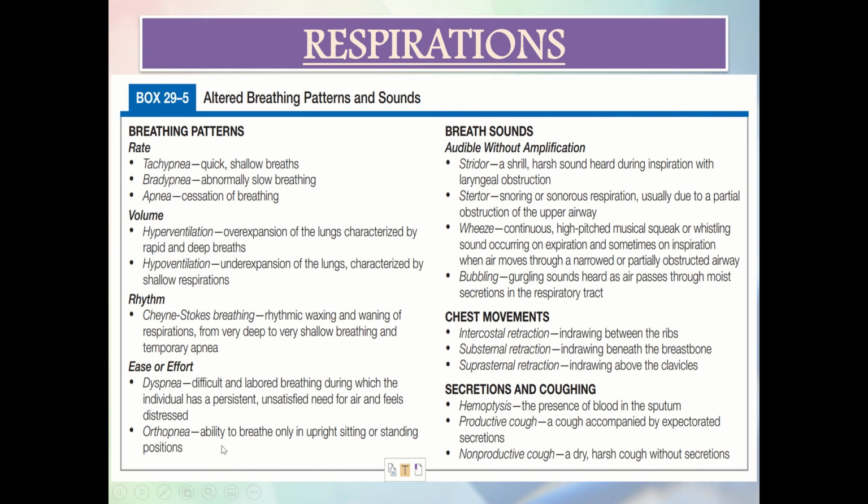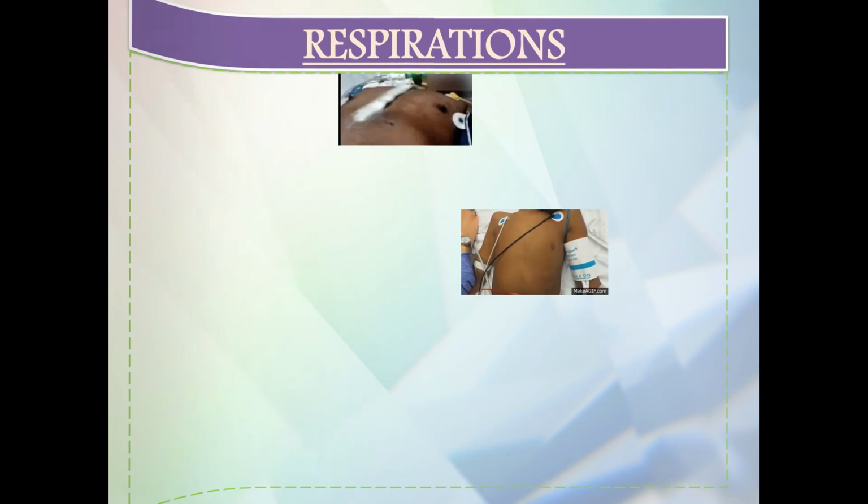The patient has difficulty breathing when lying down. For the breath sounds audible without amplification, there are stridor, stertor, wheeze, and bubbling. Kindly read for further information. And then there are other terms associated with breathing patterns and sounds.